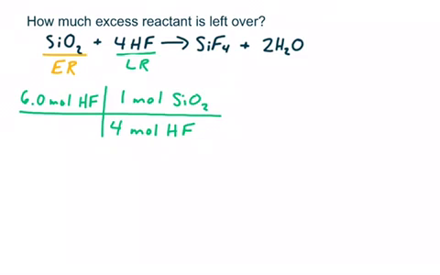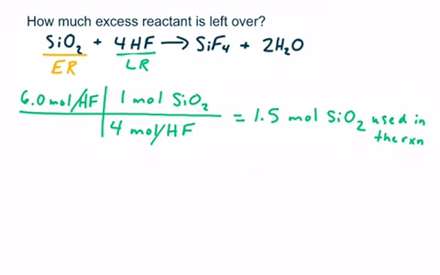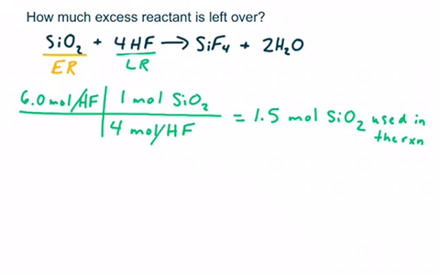When we do the math, we get that 1.5 moles of silicon dioxide were used in the reaction with the hydrofluoric acid. But our question didn't ask us how much was used. Instead, it asked how much was left over. So now we take the amount of silicon dioxide that we started with and subtract the amount used in the reaction.